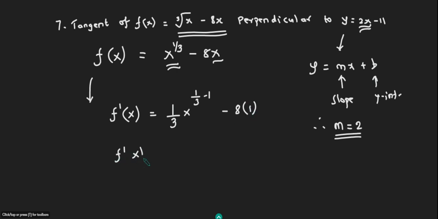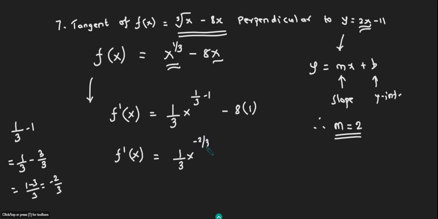So we get f prime of x equals 1 by 3 x raised to the power of 1 by 3 minus 1. So we should set up the common denominator: 1 by 3 equals 1 minus 3 by 3 equals negative 2 thirds. So it is negative 2 thirds, minus 8 times 1, which is 8.